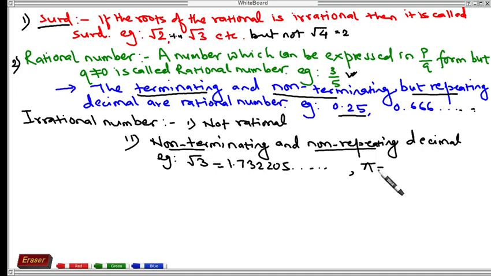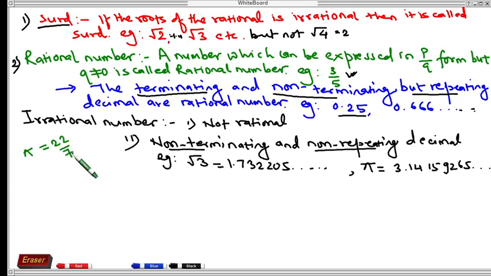Similarly, pi equals 3.14159265 dot dot dot. Pi is an irrational number, but sometimes we may have a misconception about pi. Pi is 22 by 7.